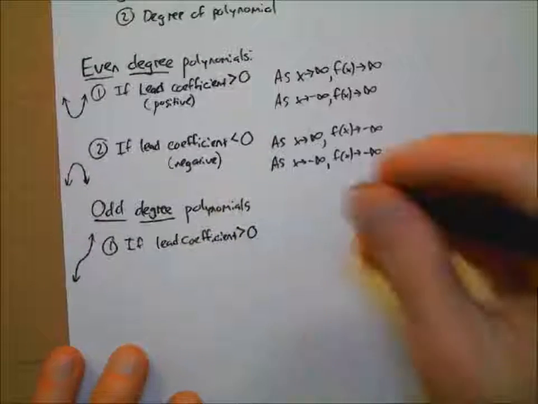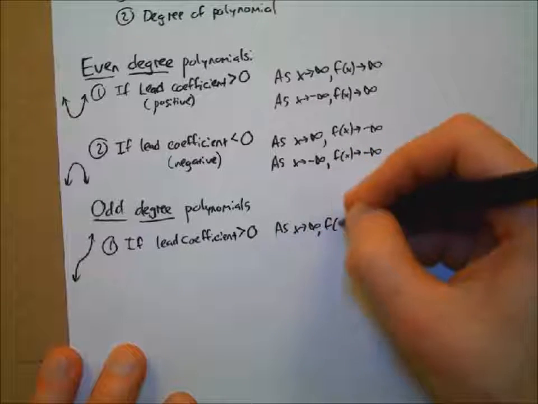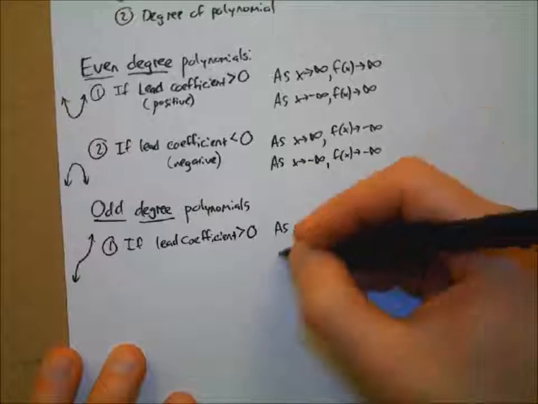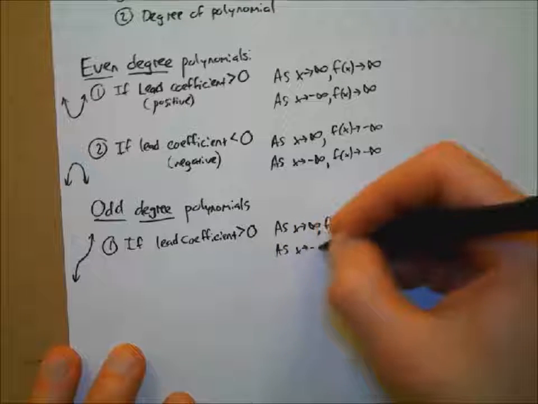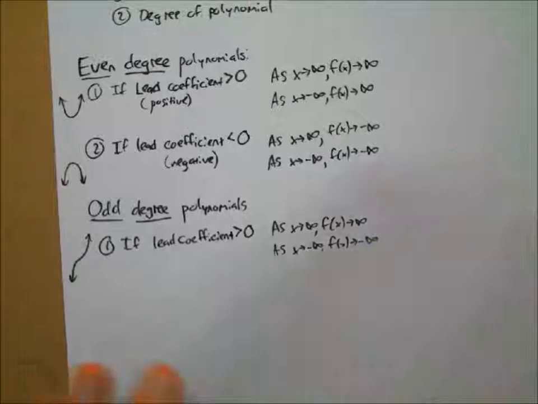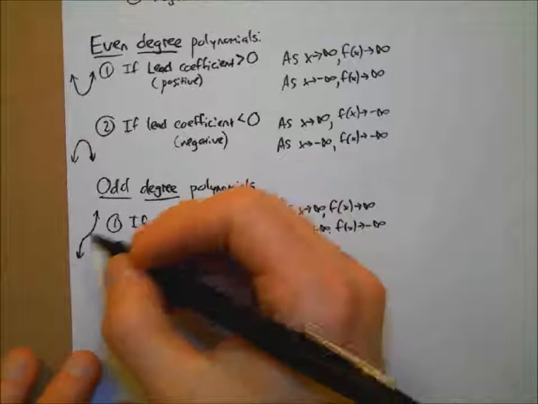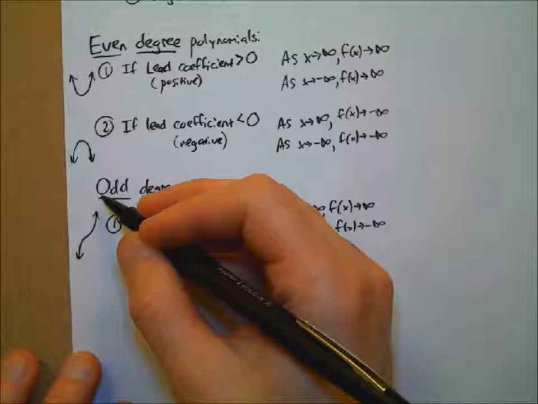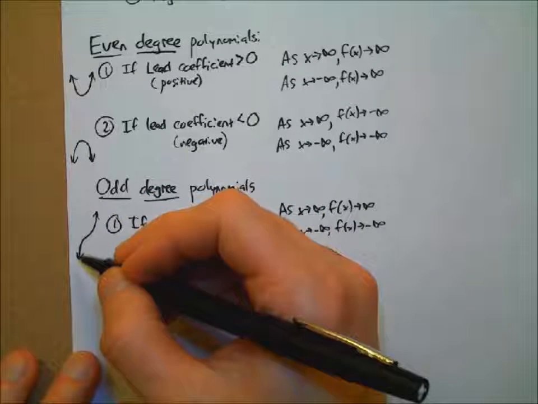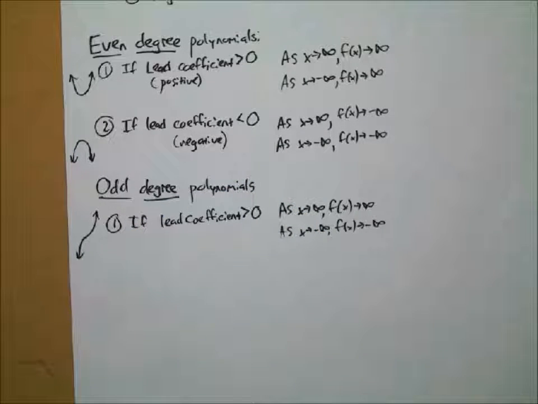Lead coefficient greater than 0: as x approaches infinity, f of x approaches infinity. As x approaches negative infinity, f of x approaches negative infinity. So as we go far to the right here, we're going to go up towards positive infinity. As we go to the left, f of x will go down towards negative infinity.